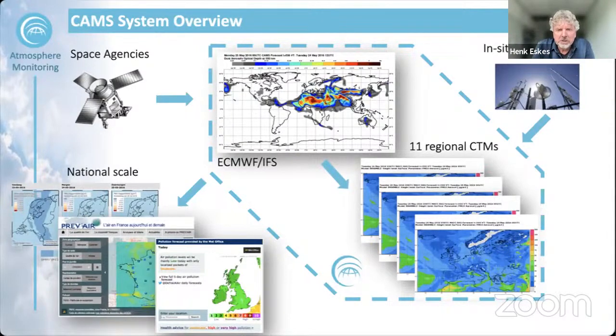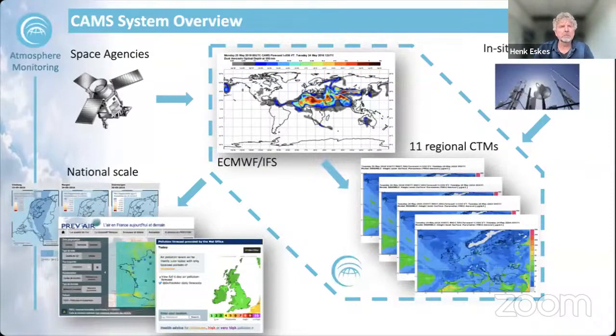While for the regional CTMs, the main target is the air quality at surface level in Europe. That also has assimilation capabilities, but it's more focused on using the information from the in situ observations from the network that we have to monitor air quality in Europe.